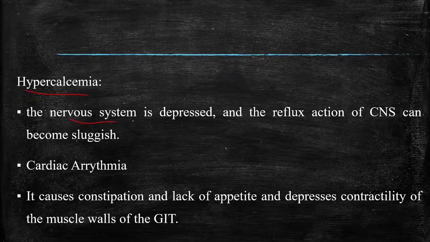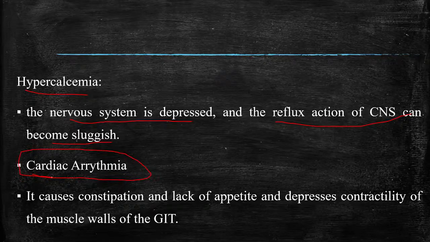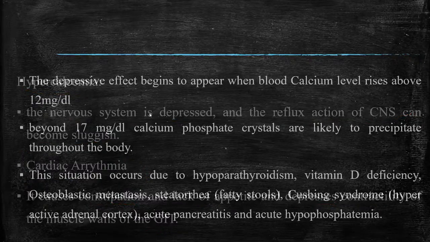Hypercalcemia: the nervous system is depressed and the reflex action of CNS can become sluggish. So the major concern is increased calcium level can cause cardiac arrhythmia, it can cause constipation, lack of appetite, contractility depression of GIT walls, so that is why it can cause constipation.